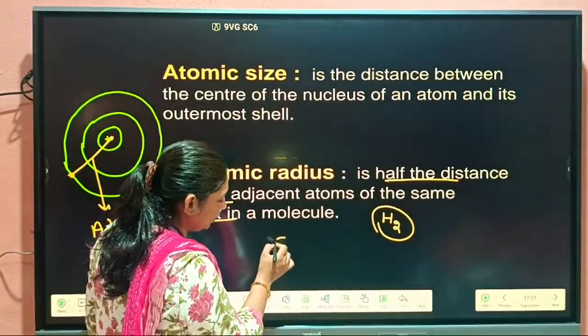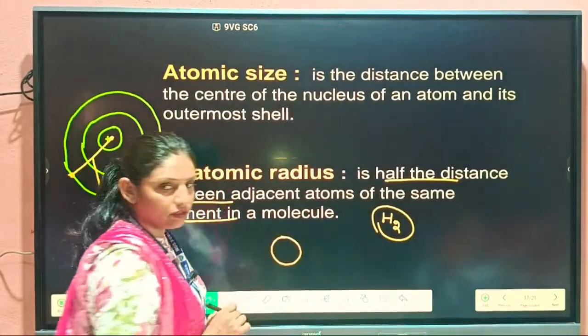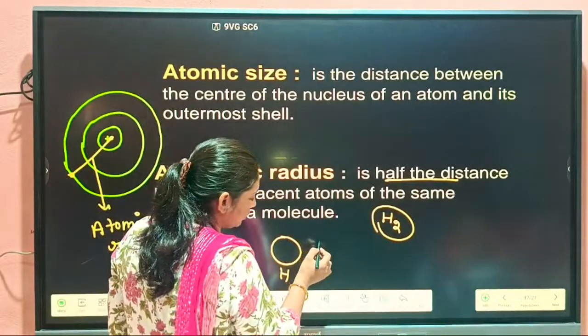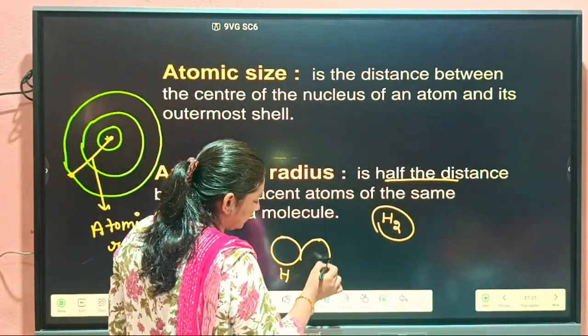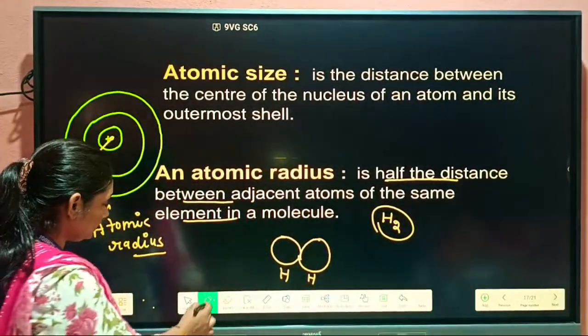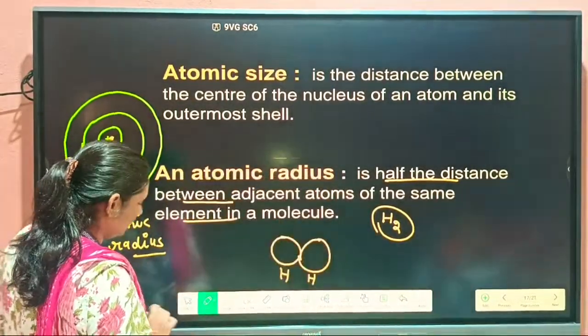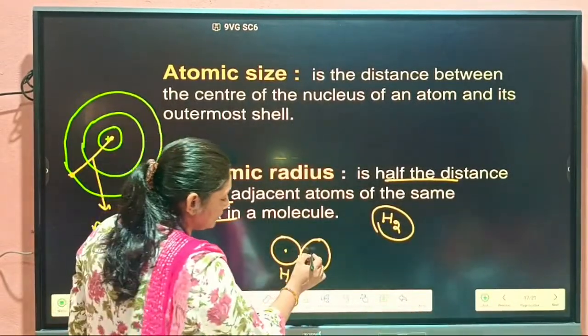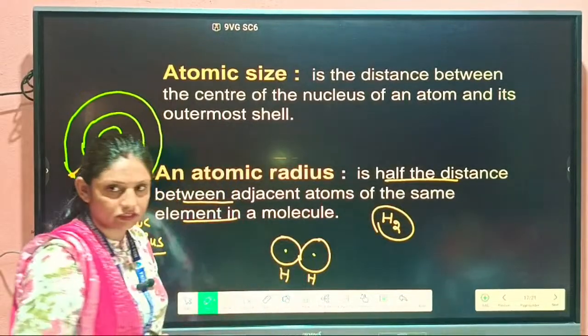In this molecule there are two atoms, one is a hydrogen atom and the second one is also a hydrogen atom.